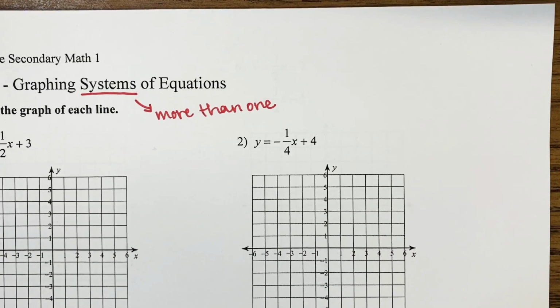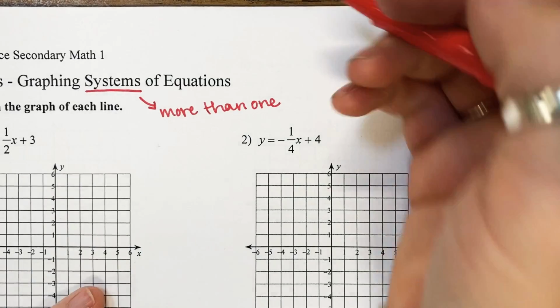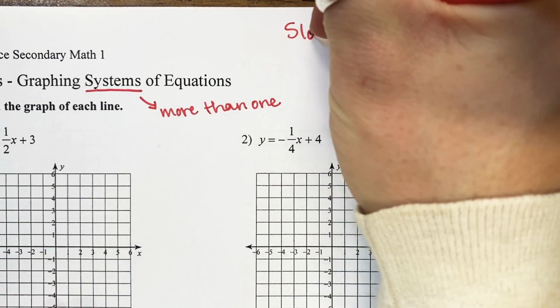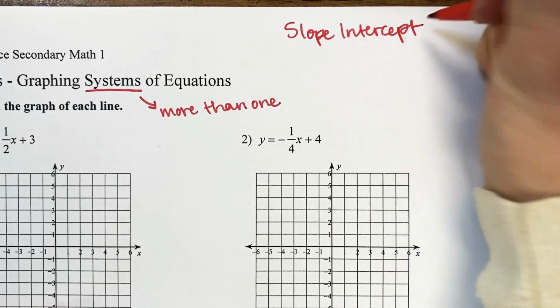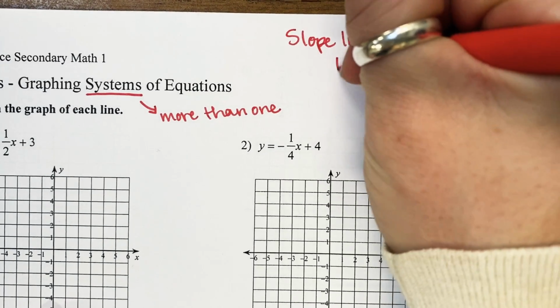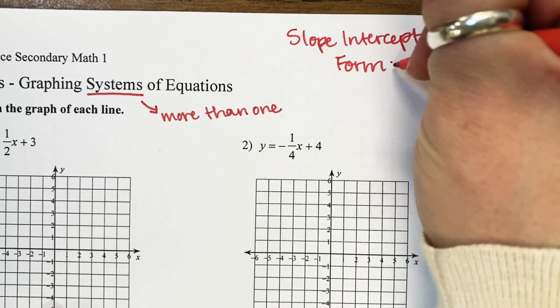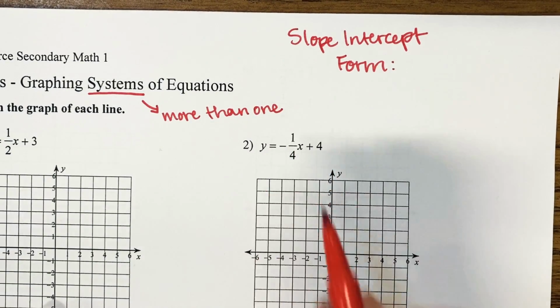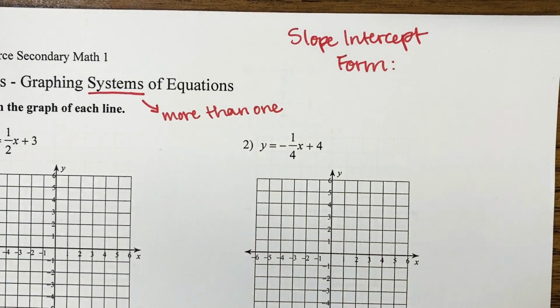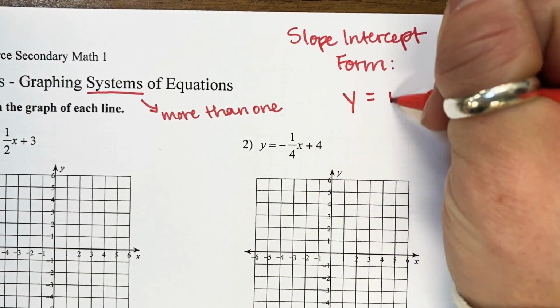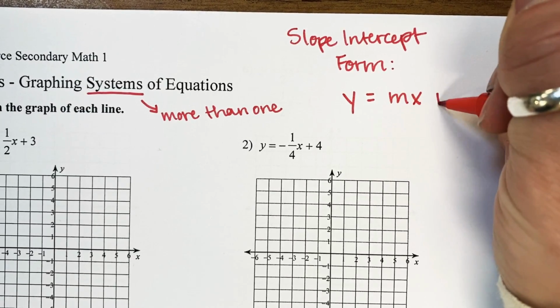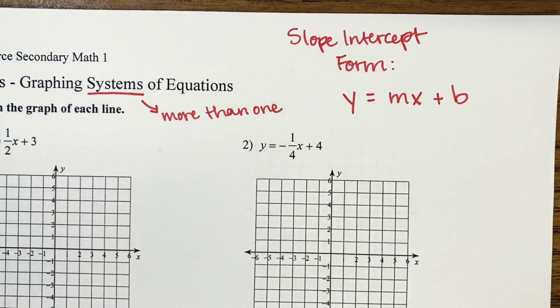So another note I want us to make on our paper before we get going is I want to remind you guys, we've worked with this before, but I want to remind you what slope-intercept form looks like, because all of the equations that we are going to graph are in slope-intercept form. Okay, and slope-intercept form is always written as y equals m times x plus b.